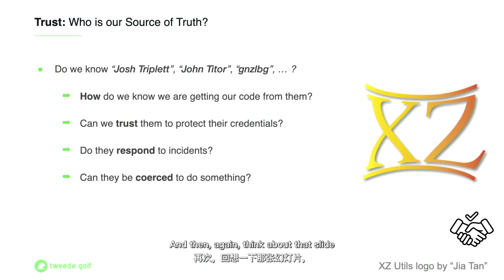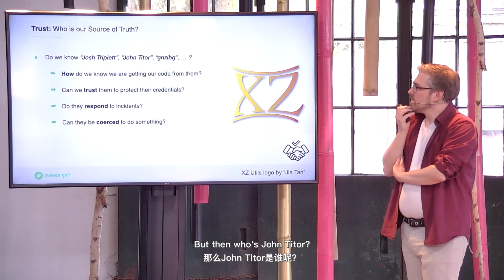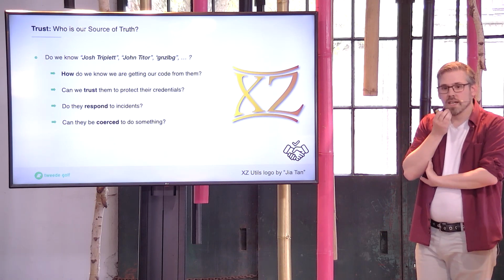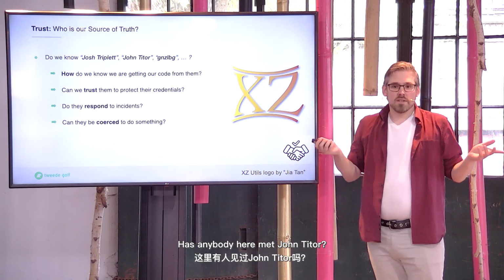And then, again, think about that slide with all the little people on there. Who are these people? So my colleagues knew Josh Triplett. That's cool. I think I've never met Josh Triplett personally, but I know who he is. I also know someone called Dave Tolnay, but he wasn't in that list. But then who's John Titor? Has anybody here met John Titor?